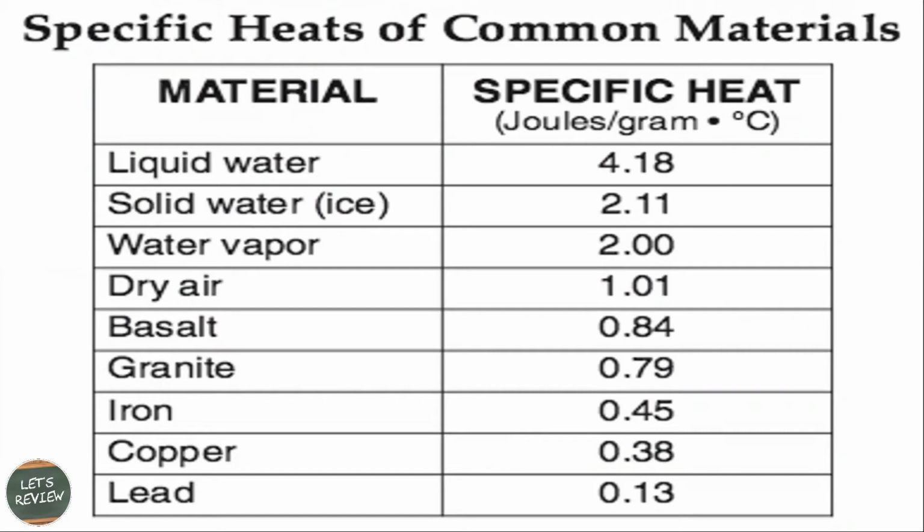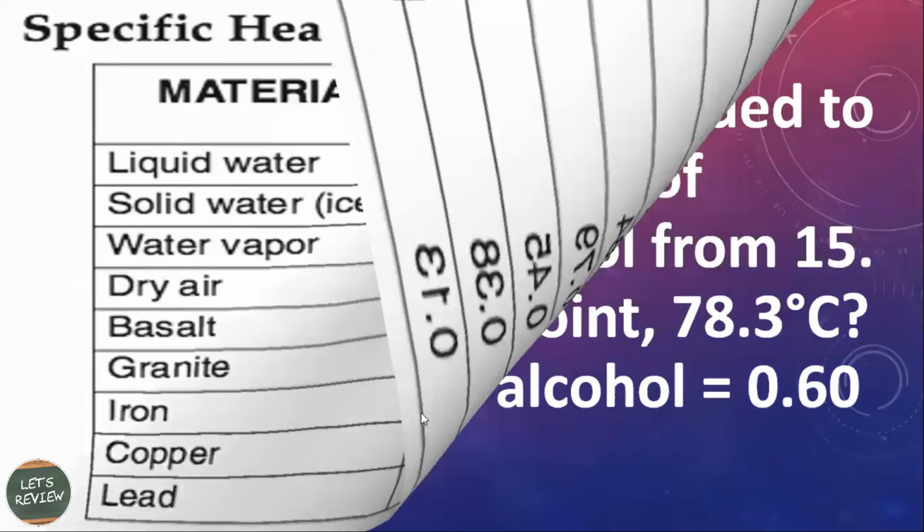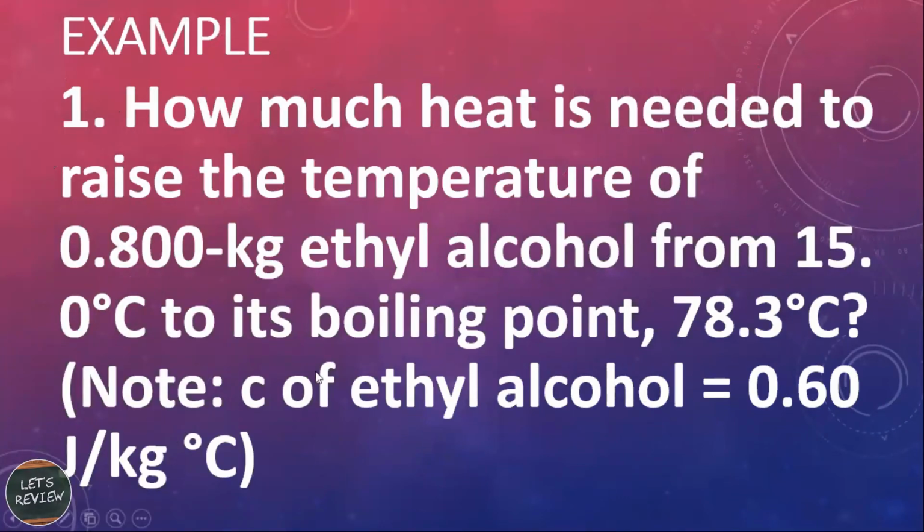Liquid water has a specific heat of 4.18, solid water or ice is 2.11, water vapor is 2.00, dry air is 1.01, basalt is 0.84, granite is 0.79, iron 0.45, copper 0.38, and lead is 0.13.